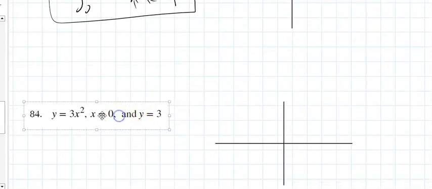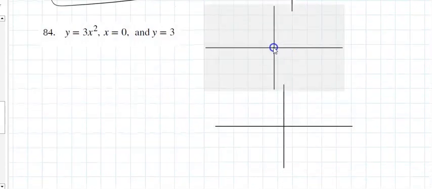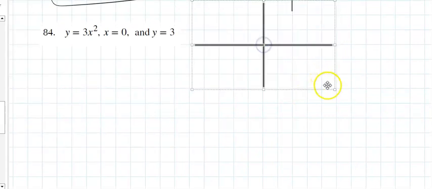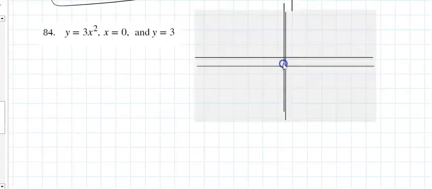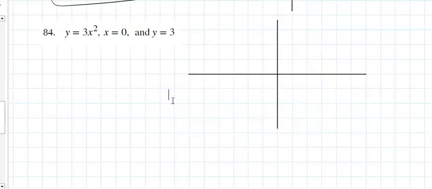The next problem as well, we're looking at y equals 3x squared. That's a parabola. x equals 0, x equals 0, and y equals 3. And the graph 0, 0.